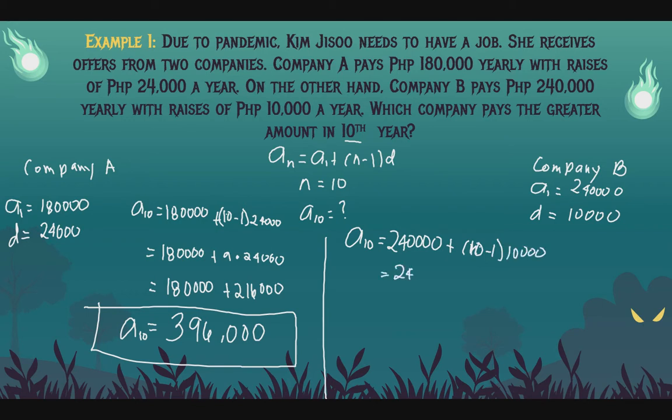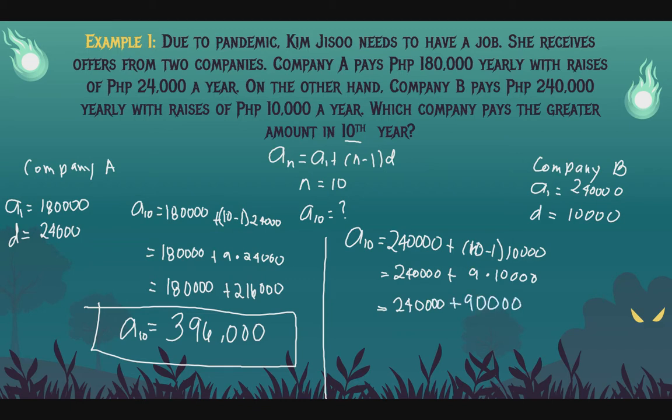So, copy muna natin si 240,000. Magiging 9 times 10,000 pesos. And 10,000 pesos times 9 is equal to 90,000 pesos.